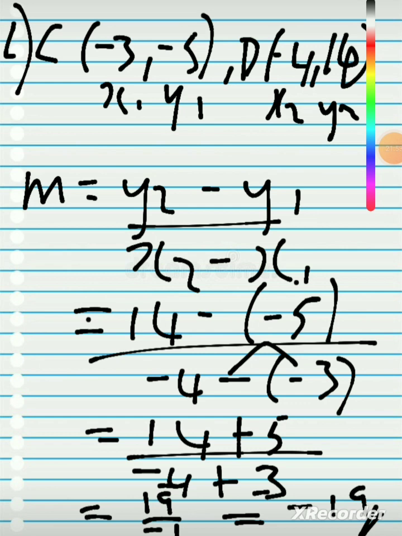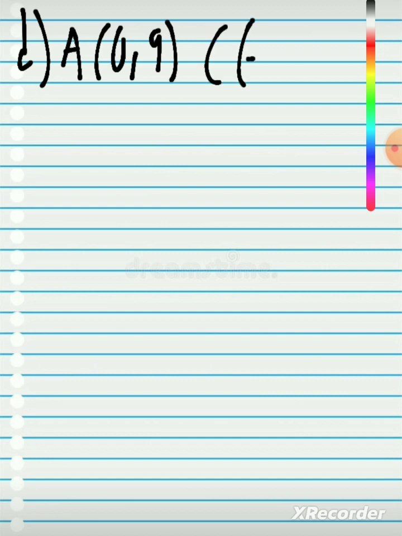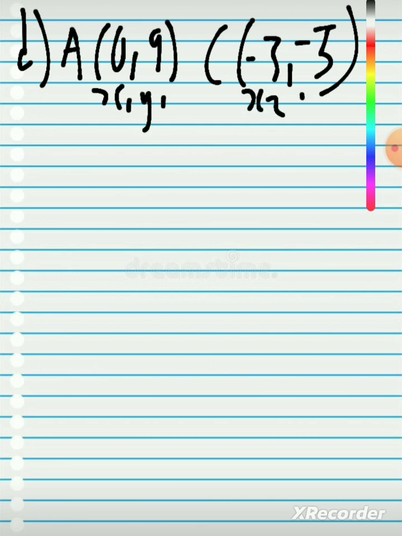Okay, we go to D. So D has A, which is 0, 9, and C, which is -3, -5. Okay, so this is x1 y1, this is x2 y2.